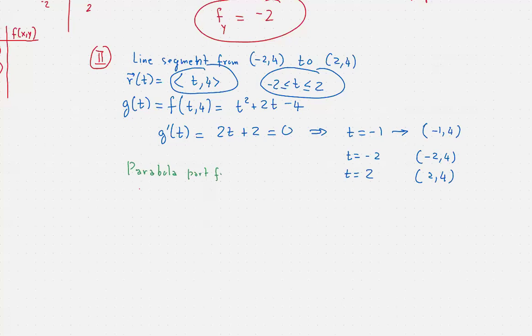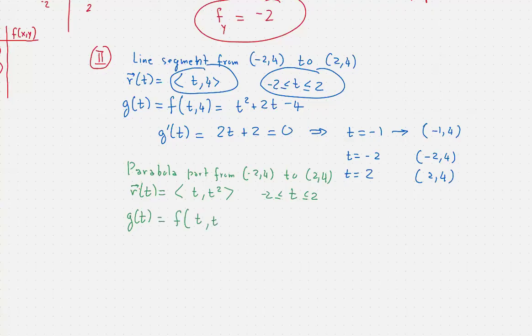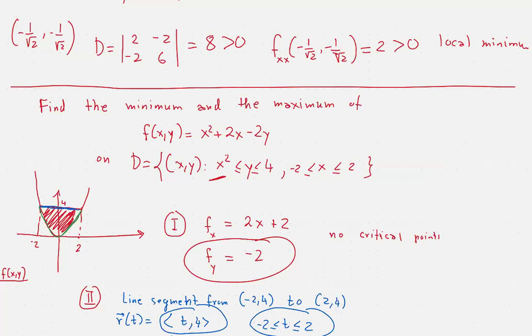So here we're going to use the graph parameterization. So R of t is t comma t squared. And t will run from -2 to 2. G of t is going to be f of t comma t squared, which is going to be what? Again, let's recall what our function is. It's x squared plus 2x minus 2y.